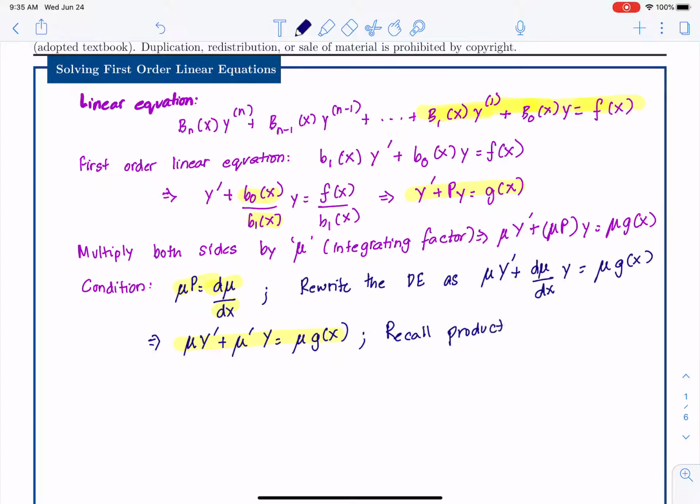So if you observe that carefully and recall the product rule of derivatives, what does the product rule state? The product rule simply states if I have d over dx of some function u times some function v, we have u v prime plus v u prime.